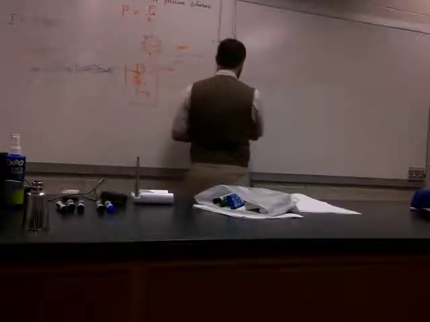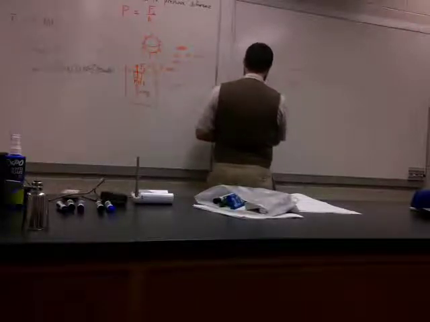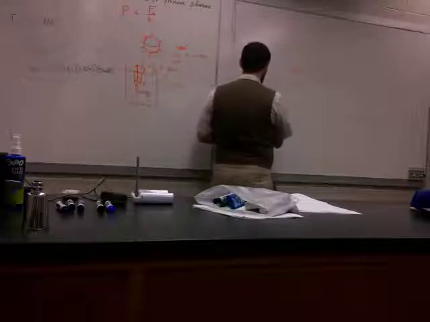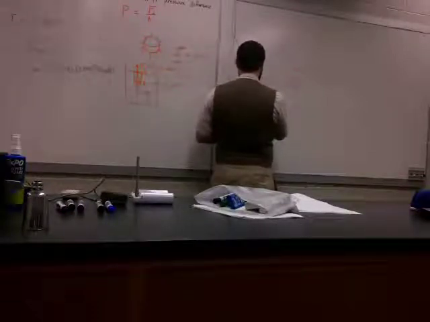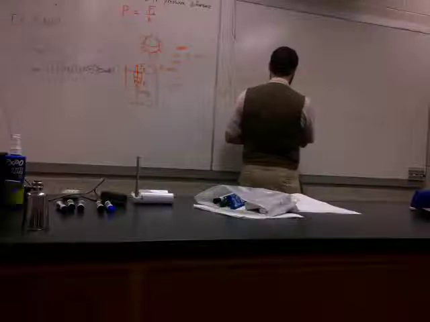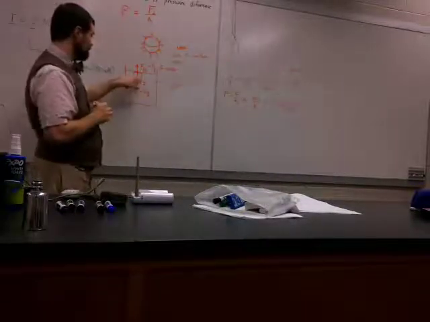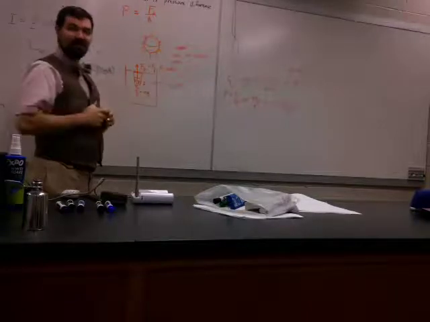We have pressure, this force per unit area. It follows that this must be equal to mg over A. So that would be r squared pi h rho g over, okay, what's the area? The area is the area of the bottom of the cylinder.